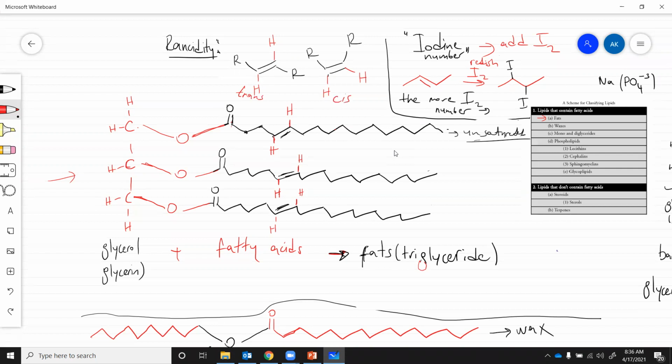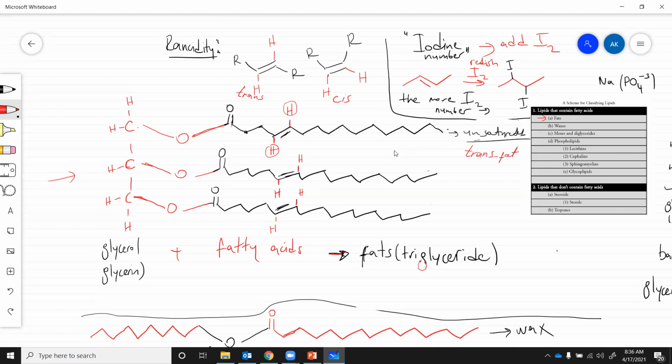Okay? As you can see, if you look at these hydrogens, they are in opposite directions. So this is going to be called what isomer? Trans. This is actually my trans fat. You probably heard about this, right?